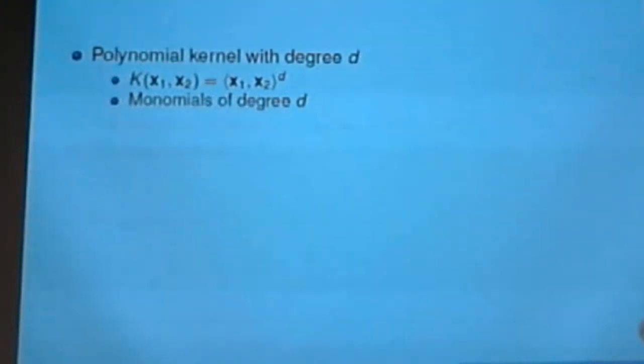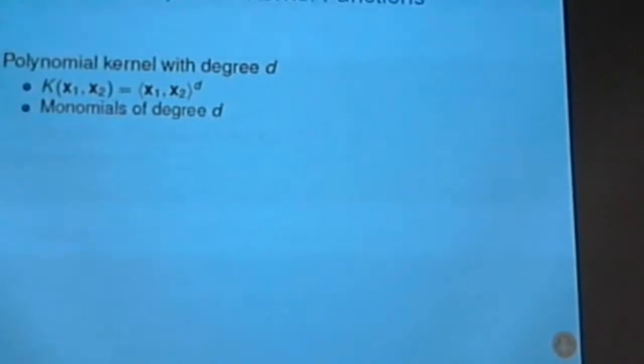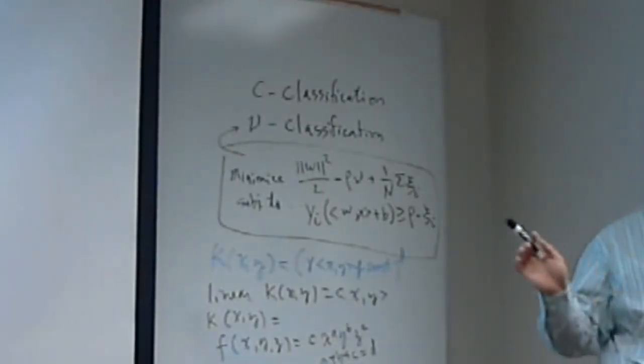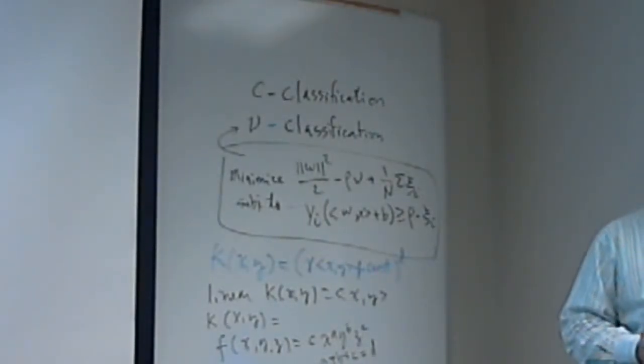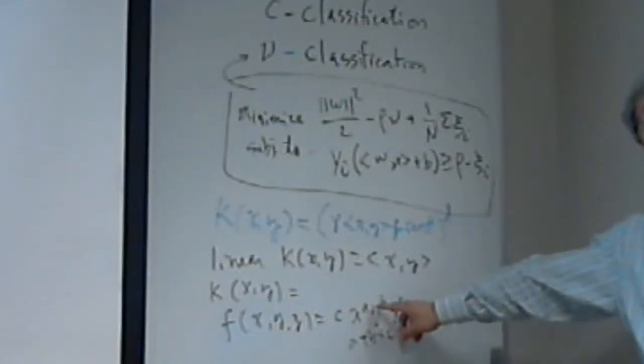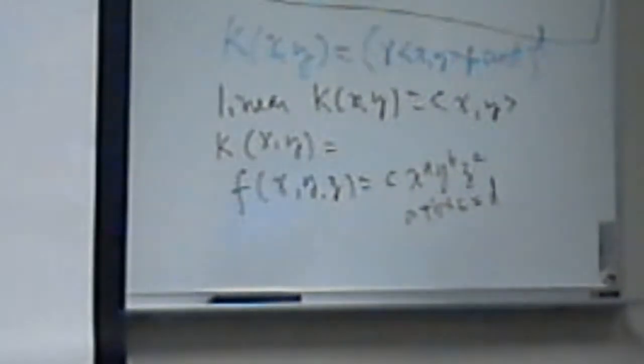Here is an example of a monomial with three variables: some constant times x to the a, y to the b, z to the c, where a plus b plus c is a constant d. So this type of function, with the constraint that the exponents of x, y, z add up to d, is called a monomial of degree d.